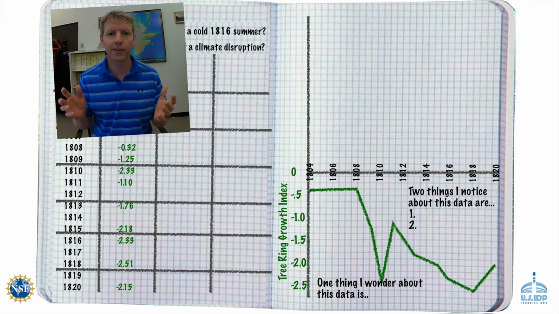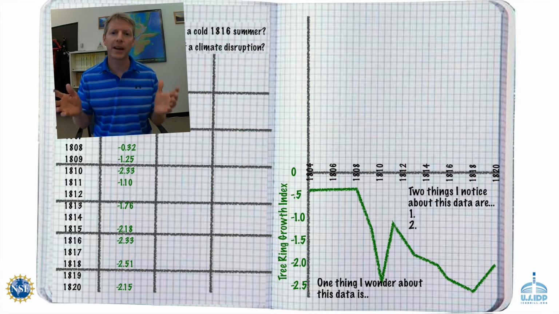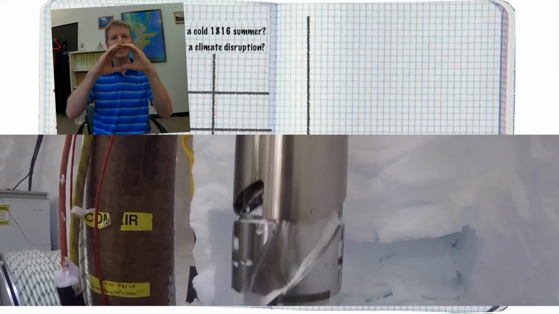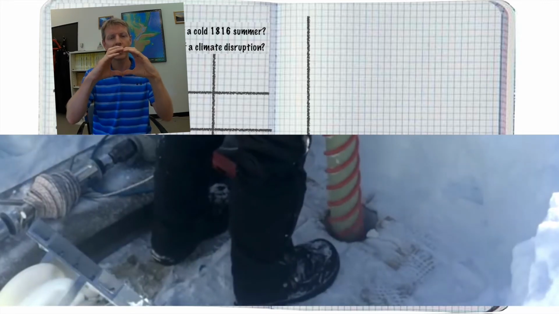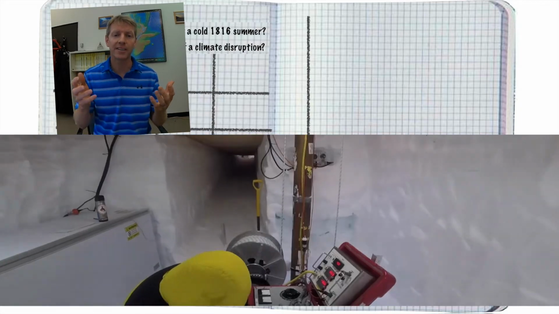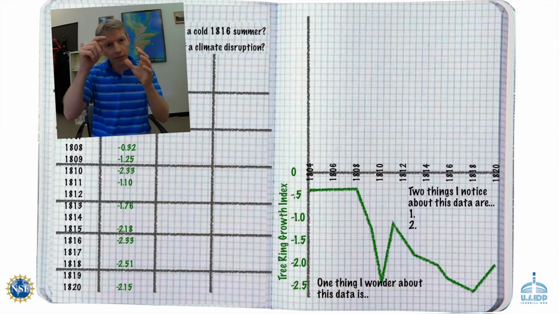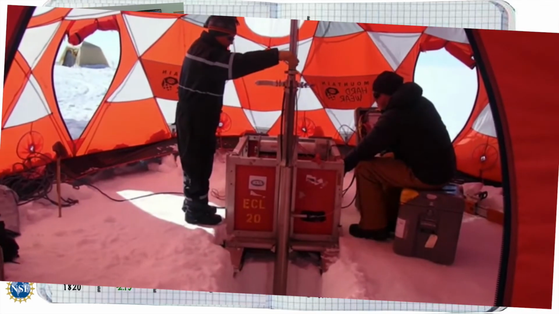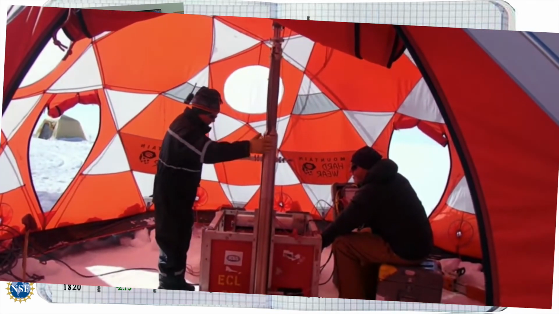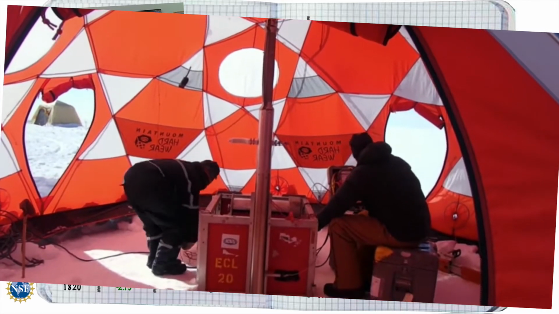So we have lots of different ice drills, but they all basically do the same thing. Basically, they go down into the glacier and they're drilling down and pulling up a cylinder of ice, usually about the diameter of a coffee can. And it'll probably pull up between 5 and 10 feet of ice every time you put it down into the glacier. So I want you to imagine this drill going back down into the same hole over and over and over again.